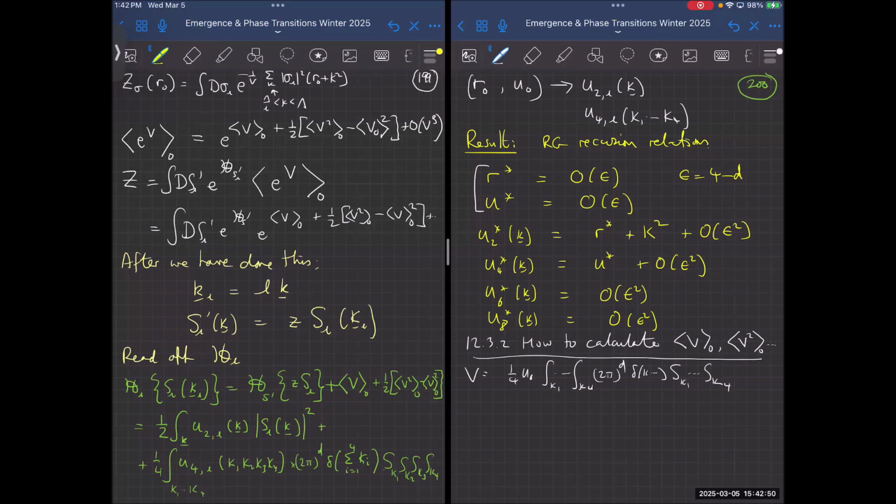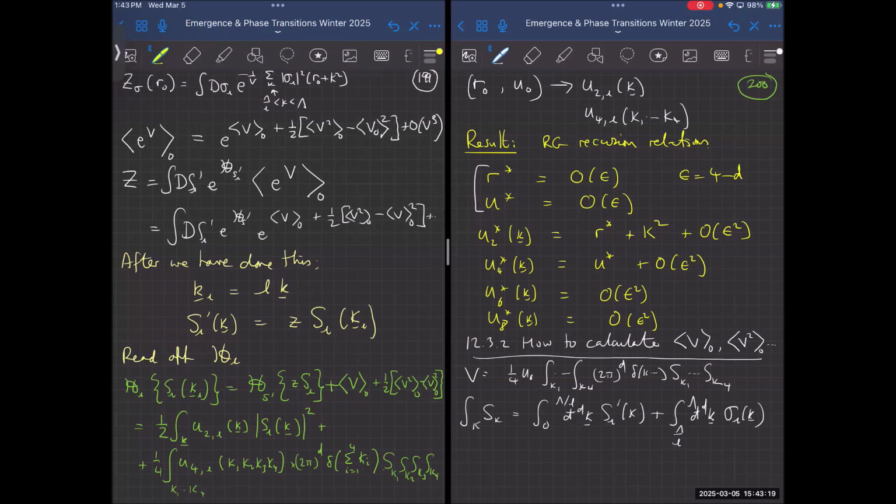So that's the thing I've got, and each of these S of k is basically the integral from 0 to lambda over L of d^d k S L prime of k plus the integral from lambda over L to lambda of d^d k sigma L of k.